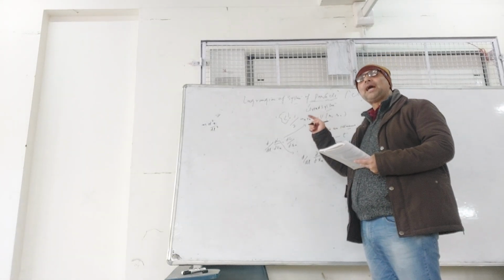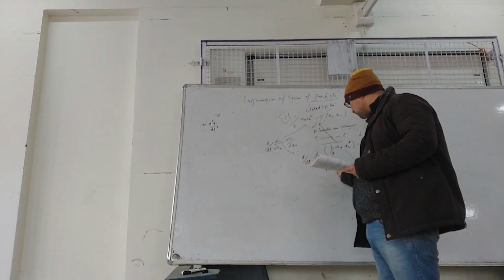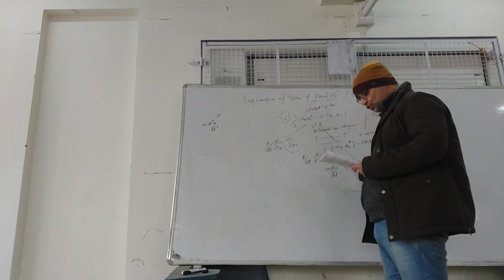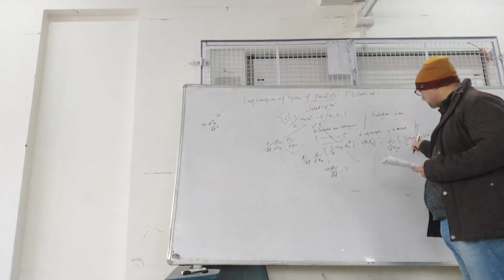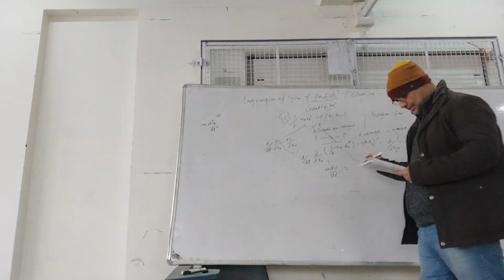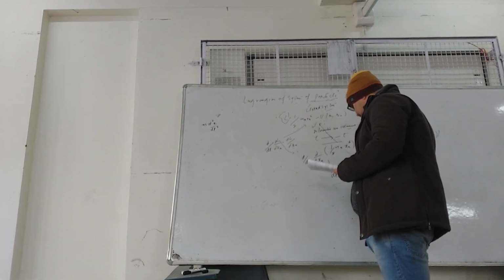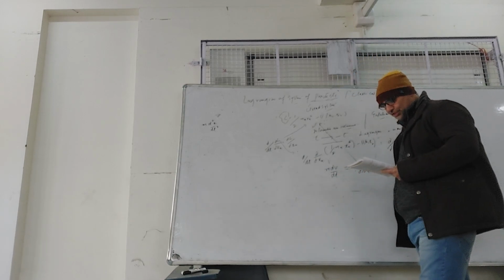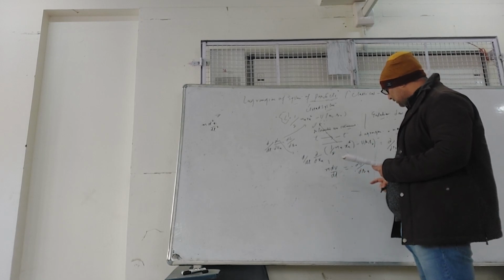m x double dot is m dv by dt. You can also write it like m dv by dt, the rate of change of velocity, acceleration. So it will also be equivalent. Since here in the numerator it's only coordinates, not velocity, this first term will not contribute. So this is another way of writing it. So we have arrived at Newton's equations on the basis of the mechanics of a system of interacting particles.